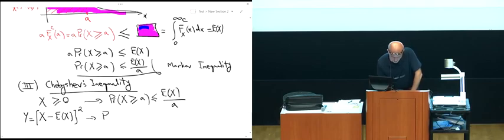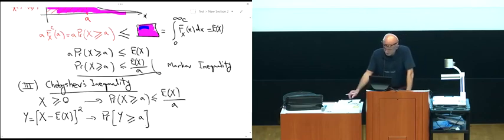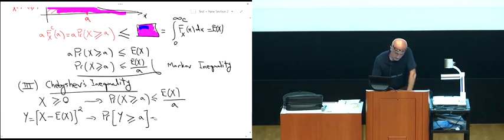So, what does Markov's inequality tell you about Y being greater than or equal to a? It's less than or equal to the expected value of Y over a.